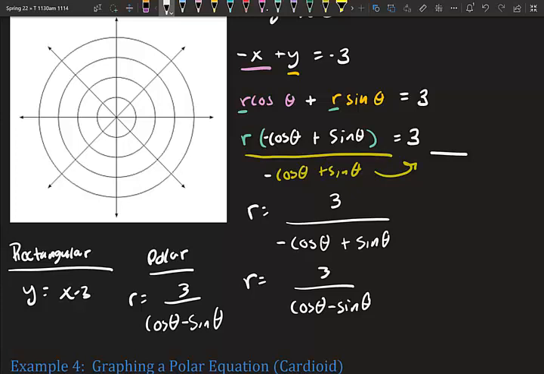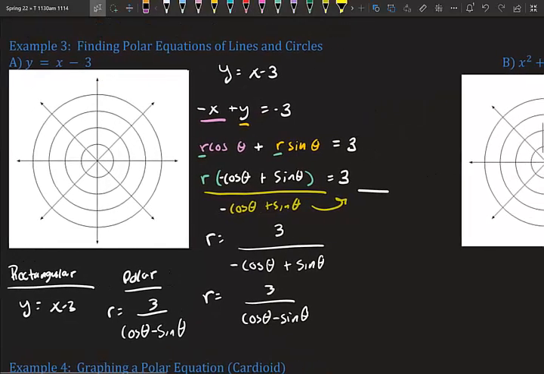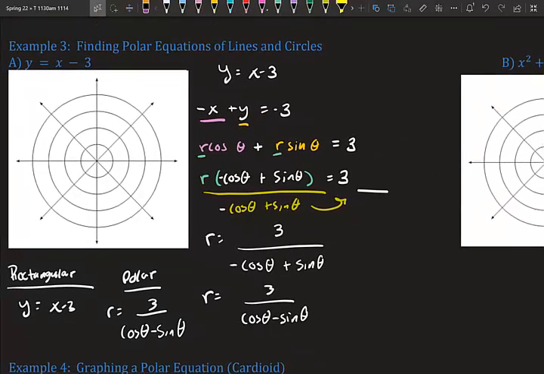You do not graph polar, you graph the rectangular, because we're given the rectangular. So our rectangular is y equals x minus 3. That means our y-intercept is 0, negative 3, and our slope is 1. Oh my gosh, how long has it been since we talked about lines? It's a little harder to use slope, so what we do is actually use x and y-intercept.